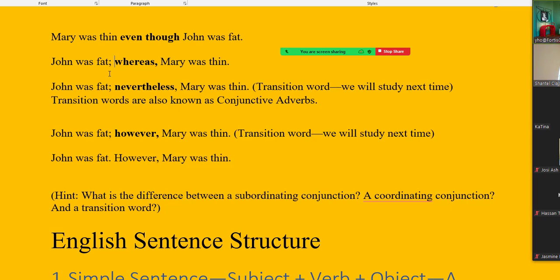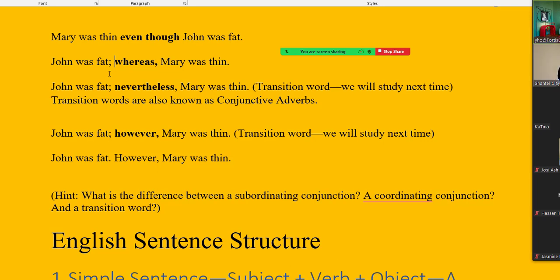Normally, "John was fat" is a complete sentence on its own. But if you want to link that sentence, "John was fat," to "Mary was thin," we usually link sentences in our thesis statement. When you're writing your 3 reasons and you want your thesis statement to be one whole sentence, the only way you can get away with that is to use semicolon, semicolon, semicolon to tie all 3 sentences of your reasons together.